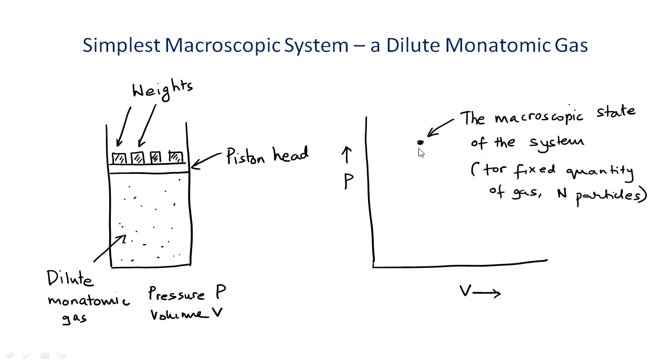So this dot completely represents the state of our macroscopic system. Temperature is related to pressure and volume of a dilute gas. So any two of these are enough to describe the state of a system for a fixed quantity of the gas.